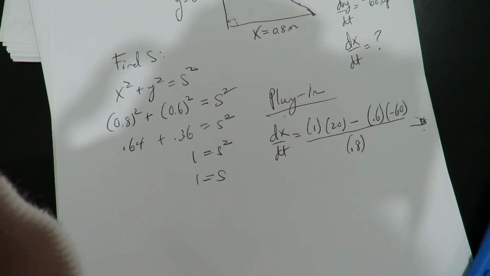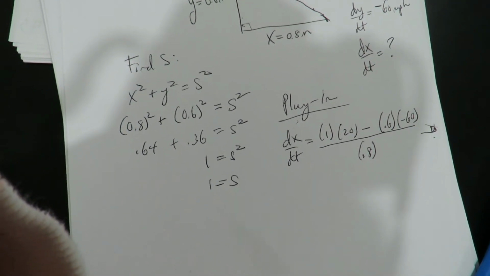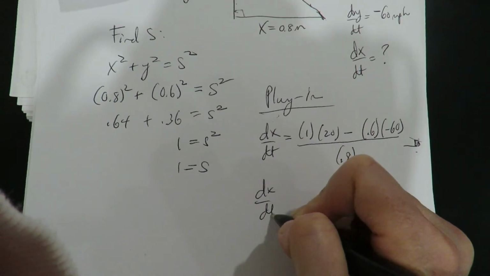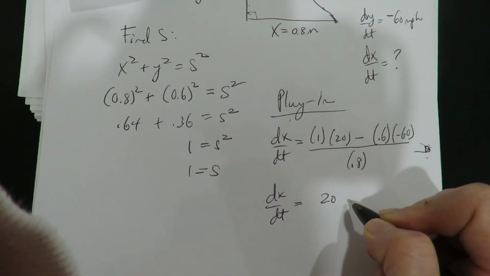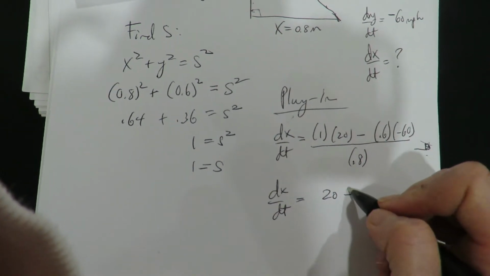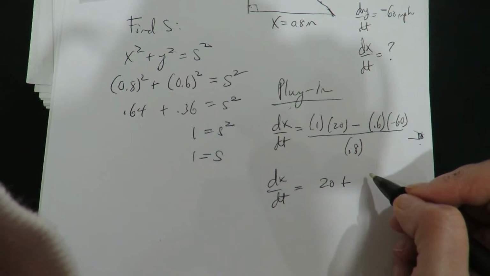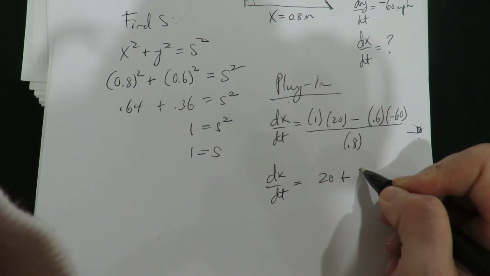Okay, so let's see what that crunches out to. dx dt equals 20 minus, oh, it's going to be a double negative here, so I'm adding. That's going to be 360, but I have to move 1 decimal place.